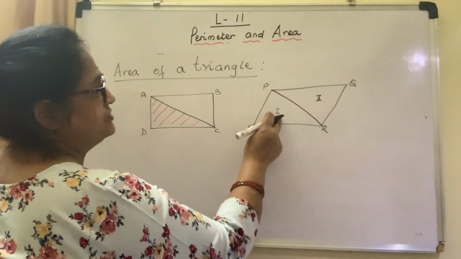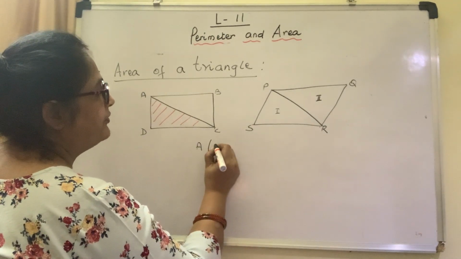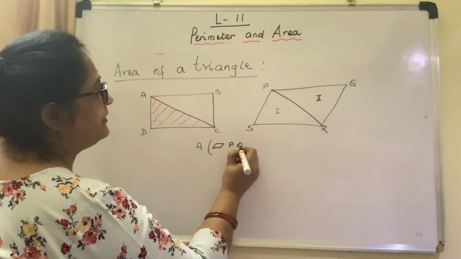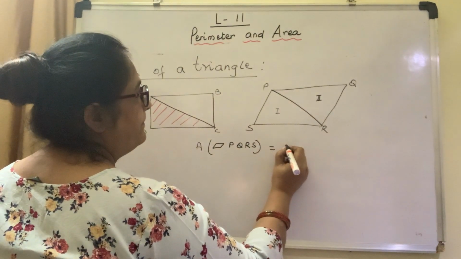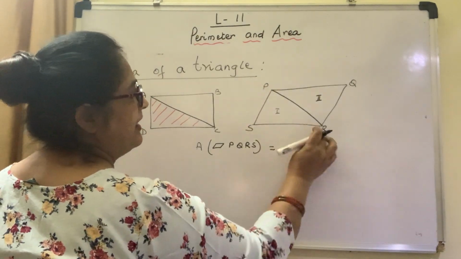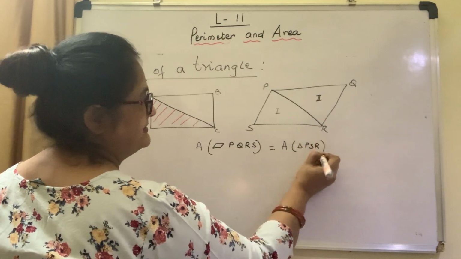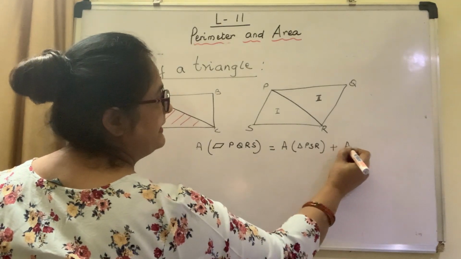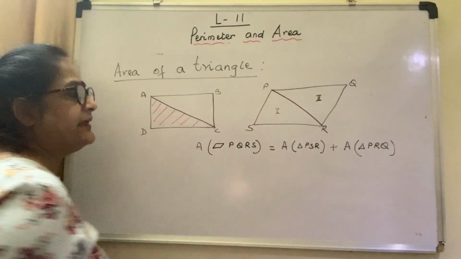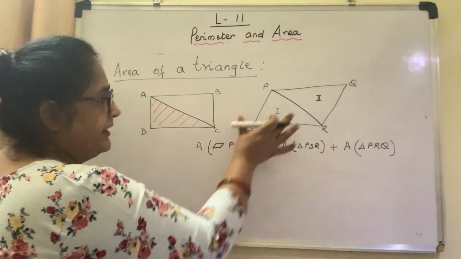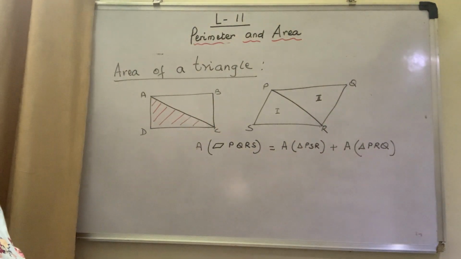These are the two triangles, triangle 1 and triangle 2. So area of parallelogram PQRS is equal to area of triangle PSR, that is triangle 1, plus area of triangle PRQ, that is triangle 2. So the area of the parallelogram is the sum of the areas of the two triangles.